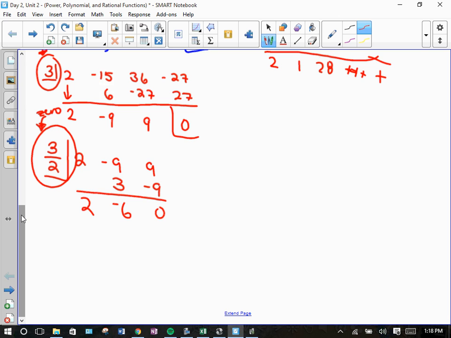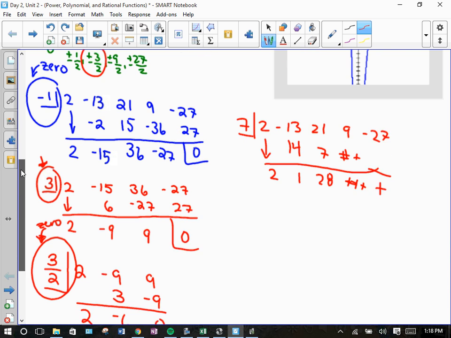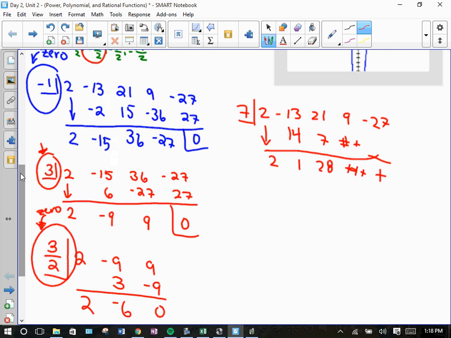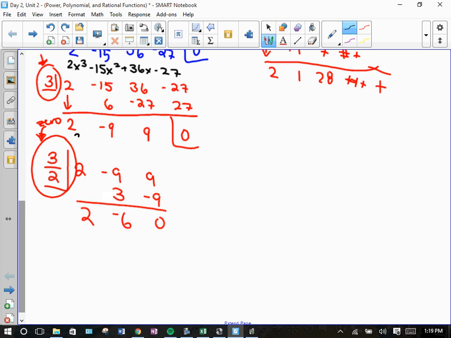So what we have here, remember, each time we do this, since we started with an exponent of 4, this would be 2x cubed minus 15x squared plus 36x minus 27. Alright, but then we found another zero. So this would be 2x squared minus 9x plus 9.